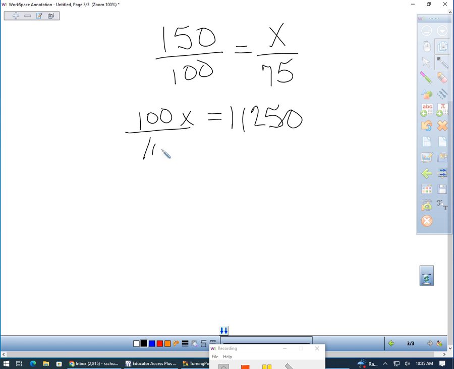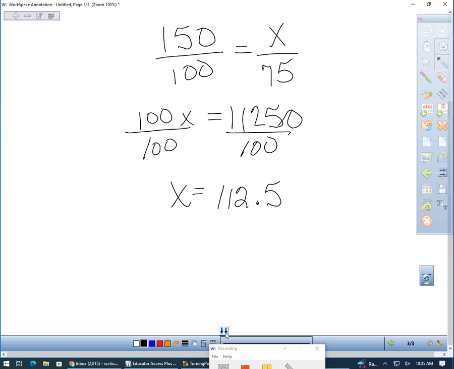Divide by 100. Very good. So any questions setting those up? I'm telling you, every single time, if you think of it as percent over 100 equals is over of, it works.